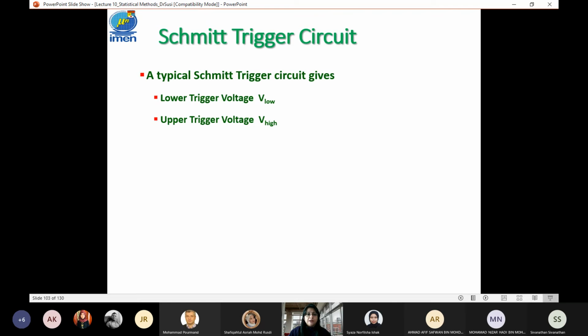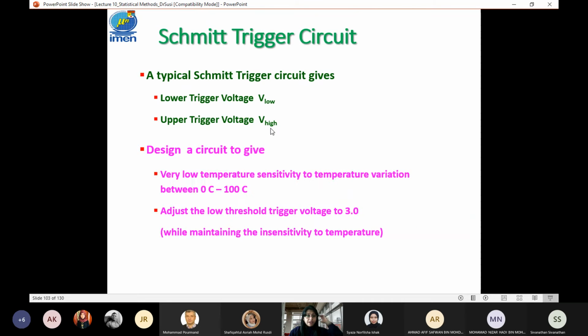A typical Schmitt trigger circuit gives a low trigger voltage, VLOW, and an upper trigger voltage, and we need to design a circuit which gives very low sensitivity to temperature variation between 0 and 100.